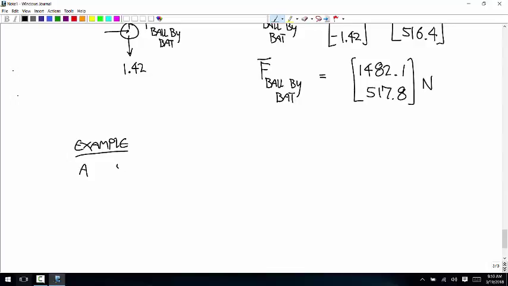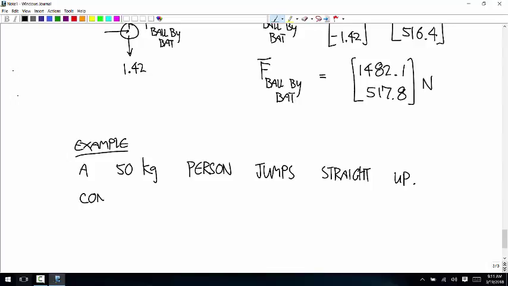So a 50-kilogram person jumps straight up. During the jump, the contact with the ground takes 0.2 seconds.